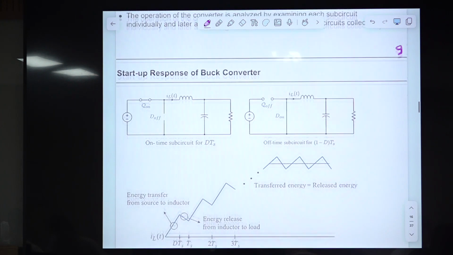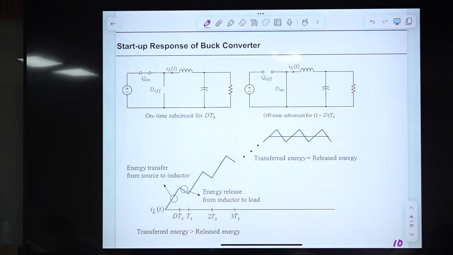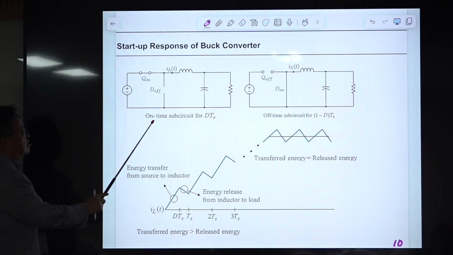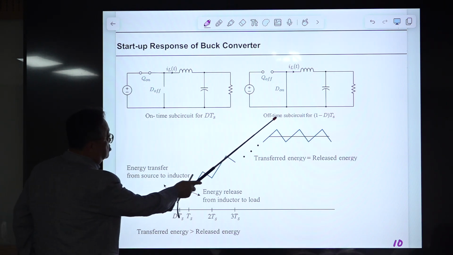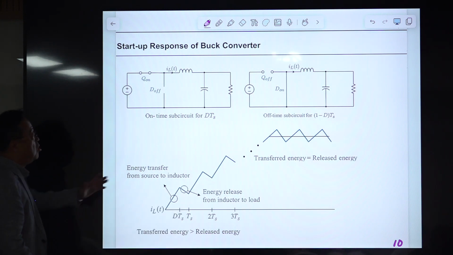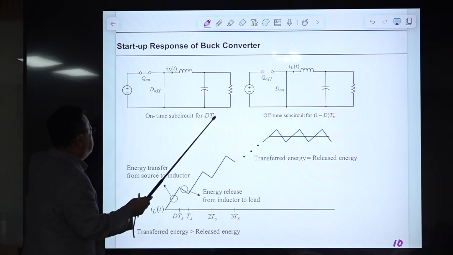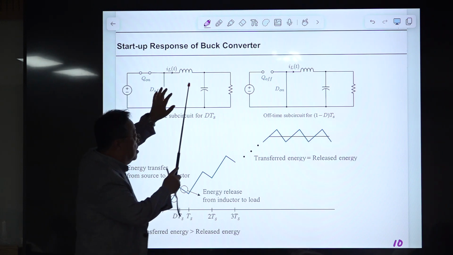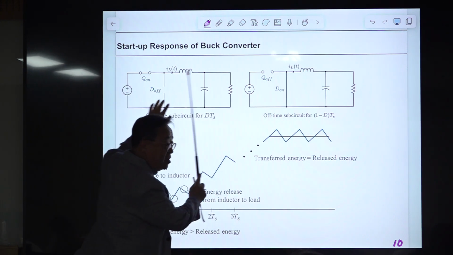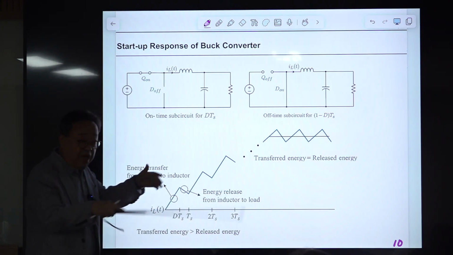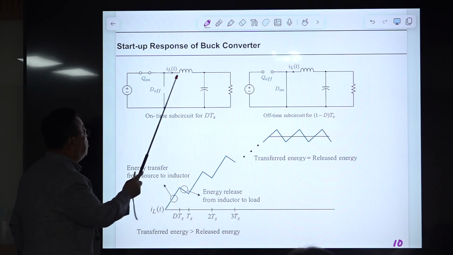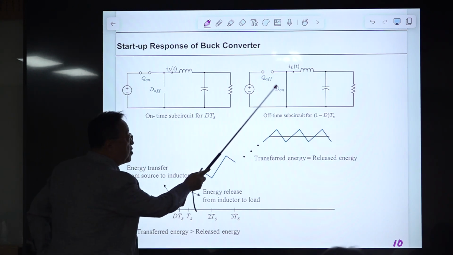So I have drawn the startup response here. This is the on-time sub-circuit, and this is the off-time sub-circuit. During the startup process, the circuit presents this one, this one, this one, this one all the time repeatedly, one part of this and the other part of this.